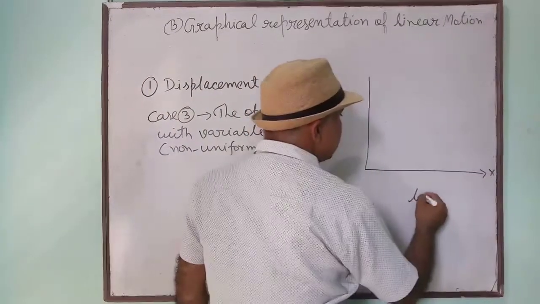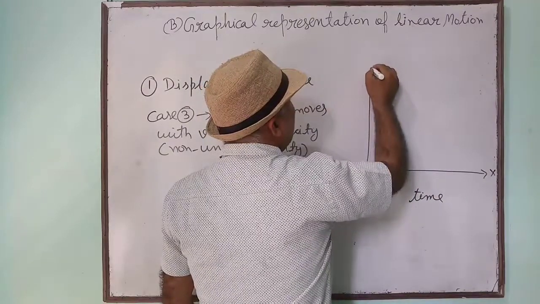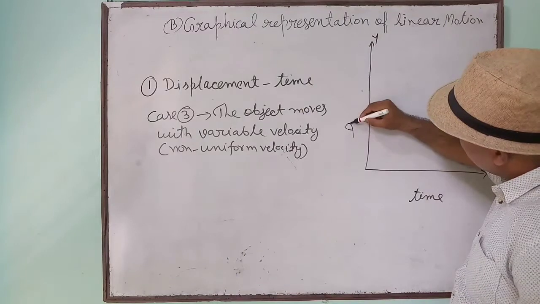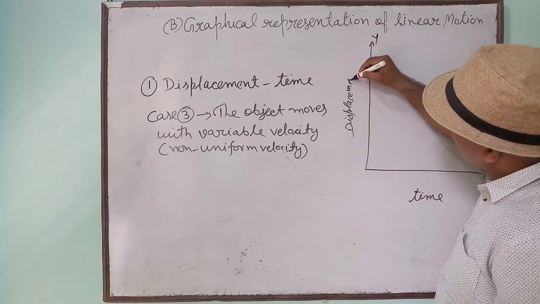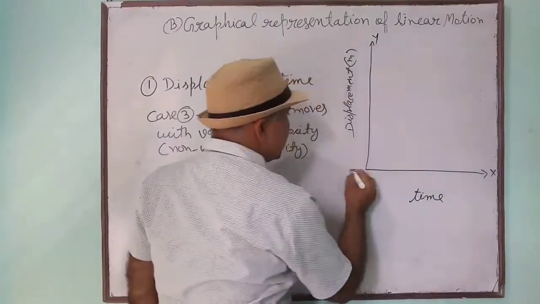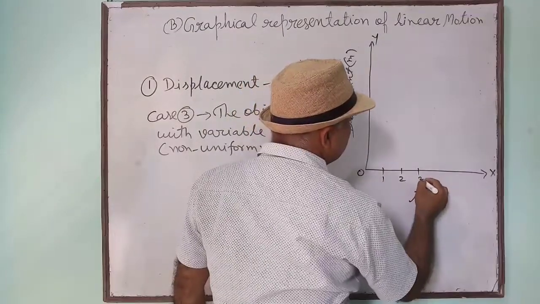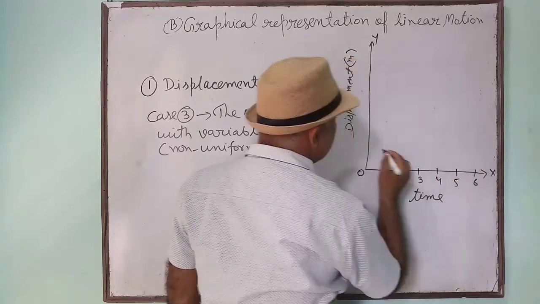On the x-axis we take time, on the y-axis we take displacement. Suppose displacement is in meter. This is origin, 1 second, 2 second, 3 second, 4 second, 5, 6.